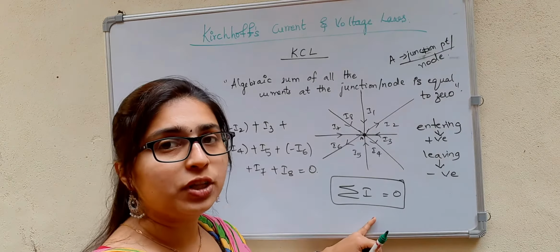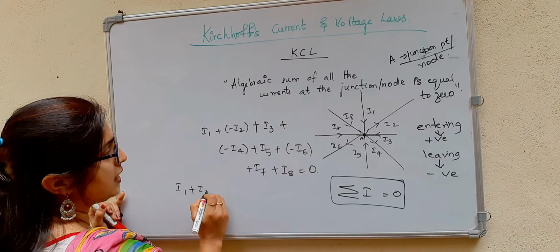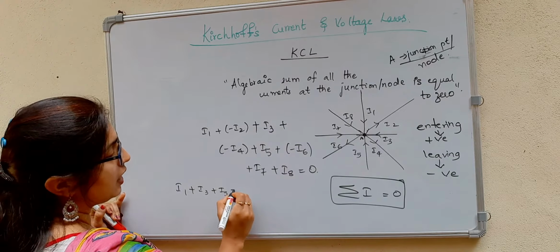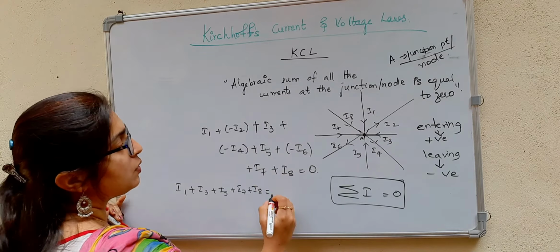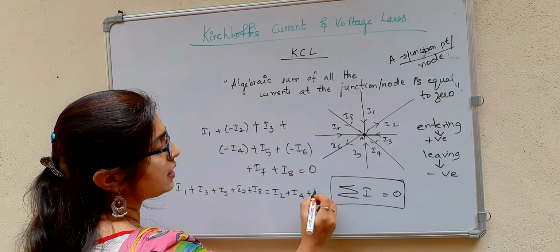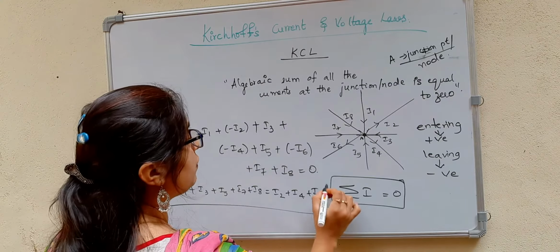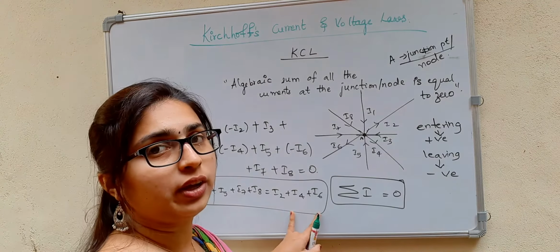Now I will consider all the positives one side: I5, I7, I8, and that is equal to, negatives will come this side, I2 plus I4 plus I6. From this we can say, these are the incoming currents, these are the outgoing currents.